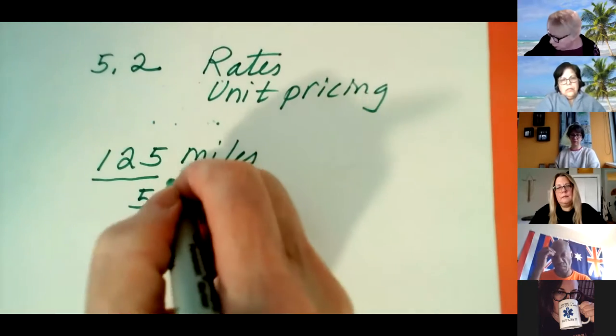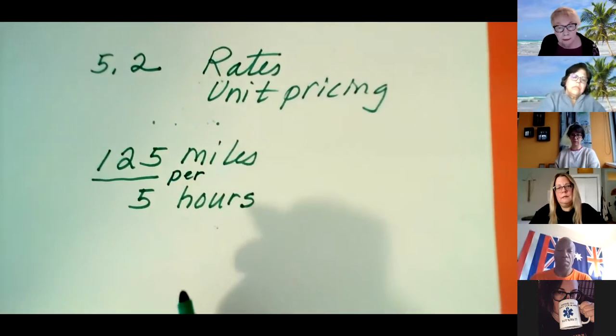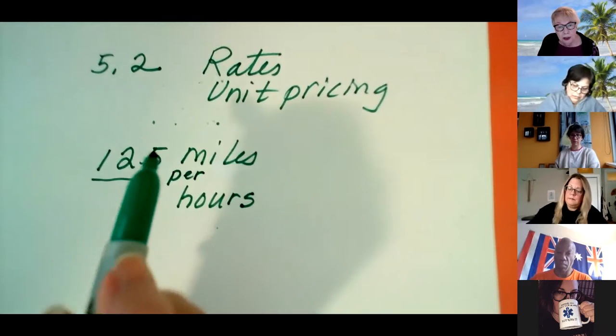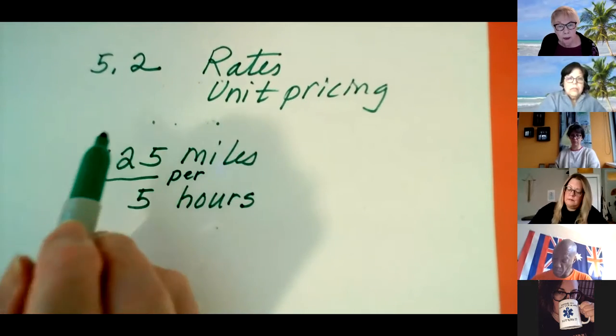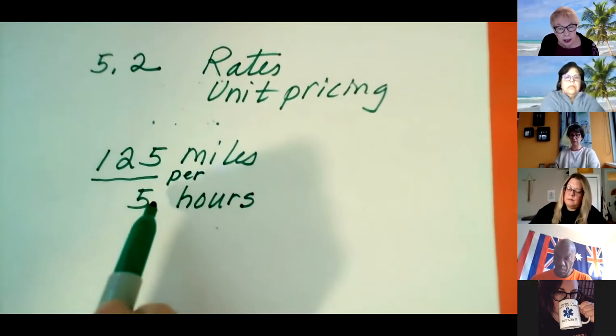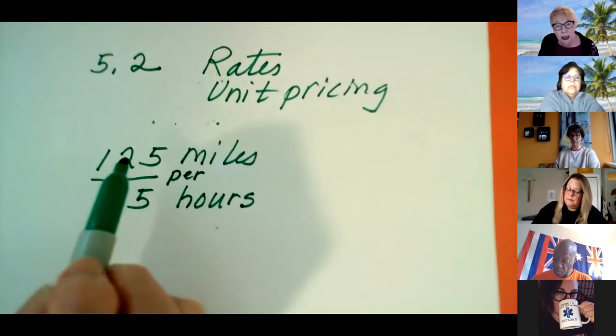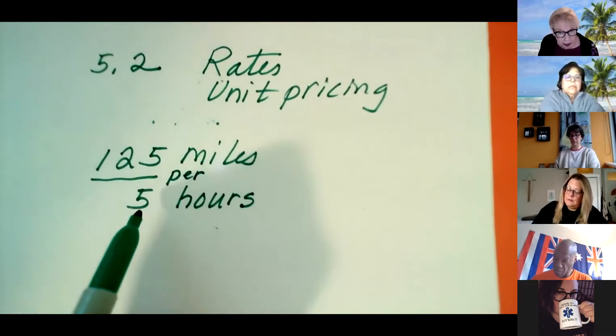This fraction line translates into the word per. And so there's 2 parts to this. One part is to simplify this if humanly possible.